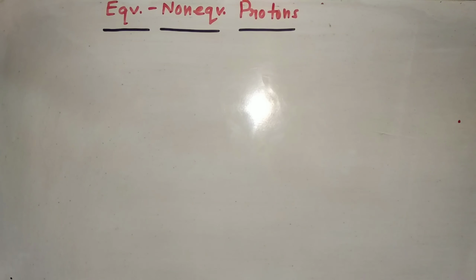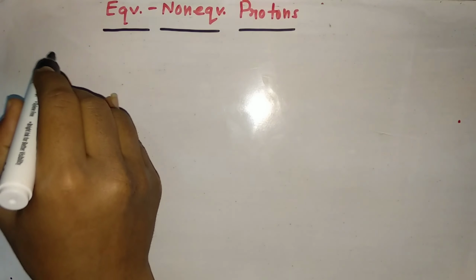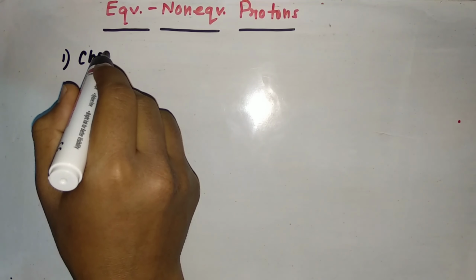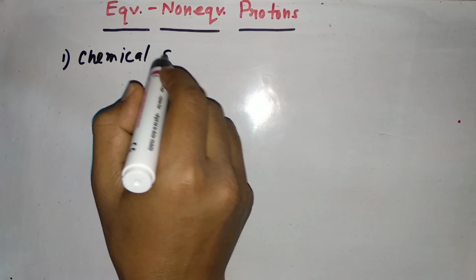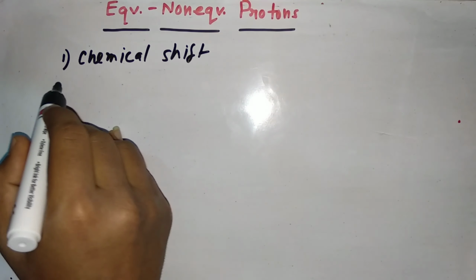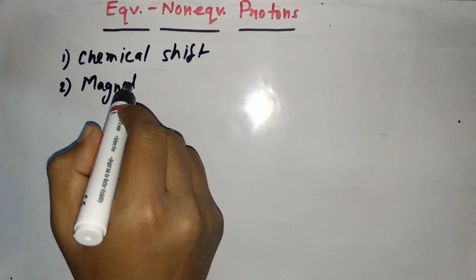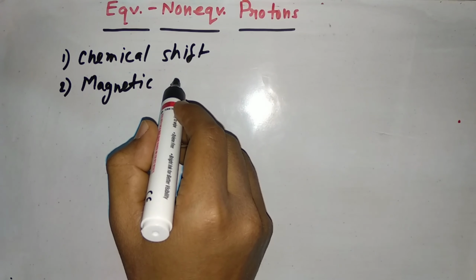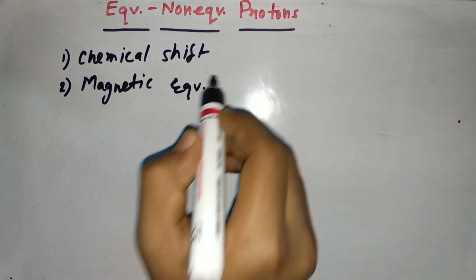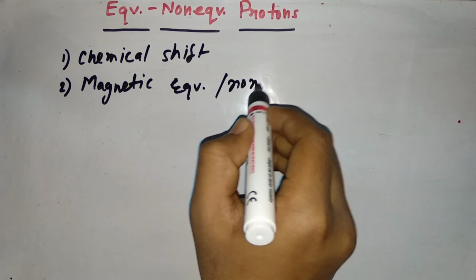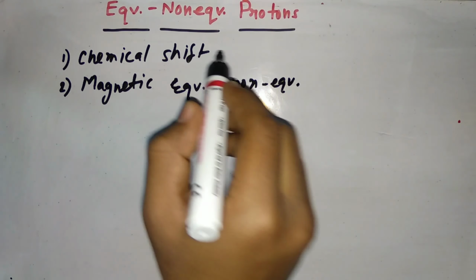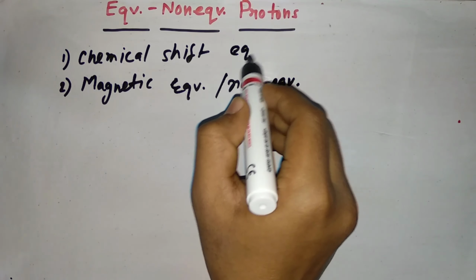The number of equivalent and non-equivalent protons can be determined by considering two things. One is chemical shift equivalency or non-equivalency, and another is magnetic equivalency or non-equivalency.